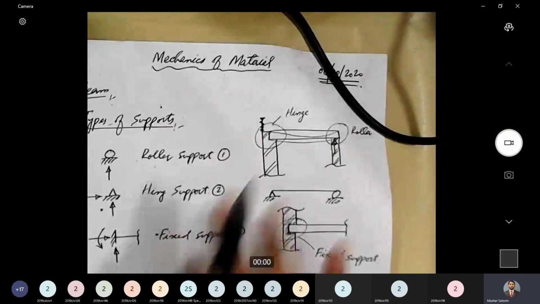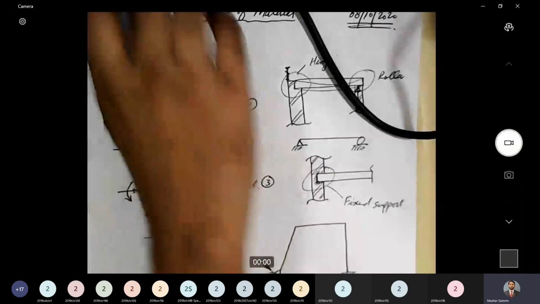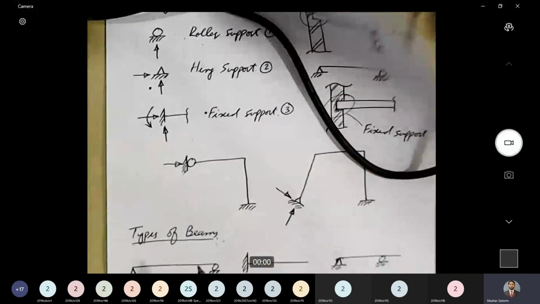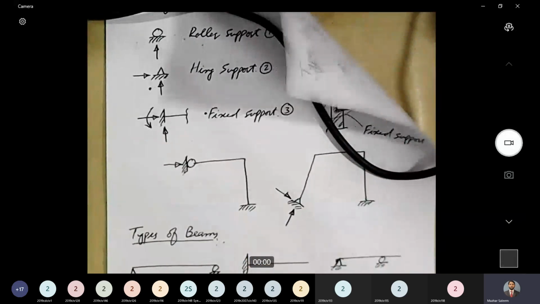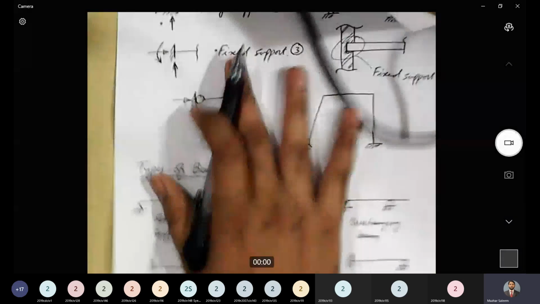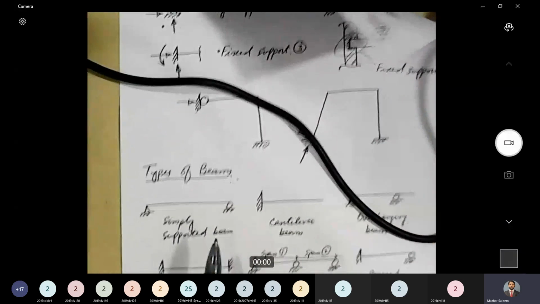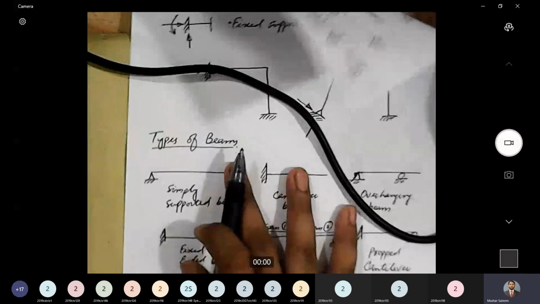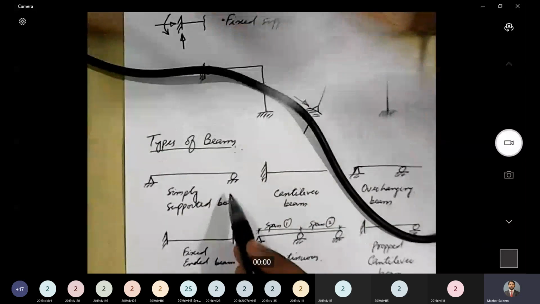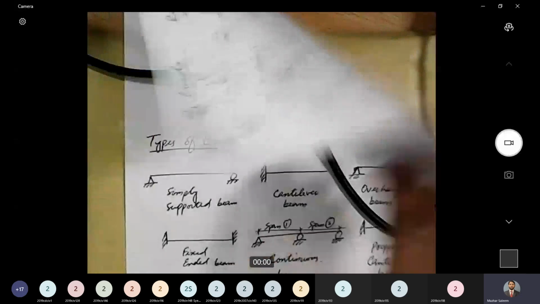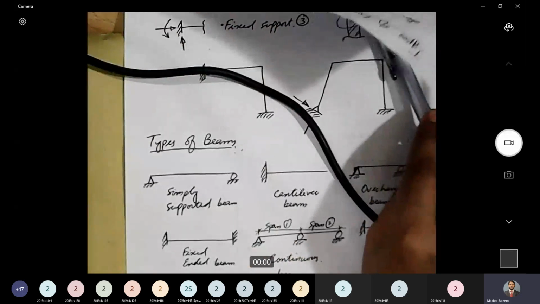So in real structures, under practical conditions, when we study the things theoretically, we make some simplifications and we just say that, okay, this is a roller support. This can only generate vertical reaction or reaction normal to the supporting surface. It cannot produce any horizontal reaction, but that's not the case in reality.